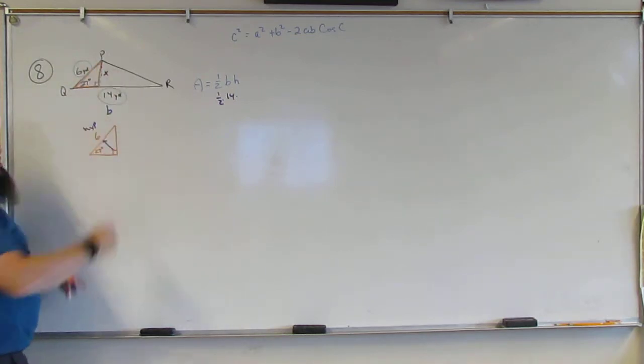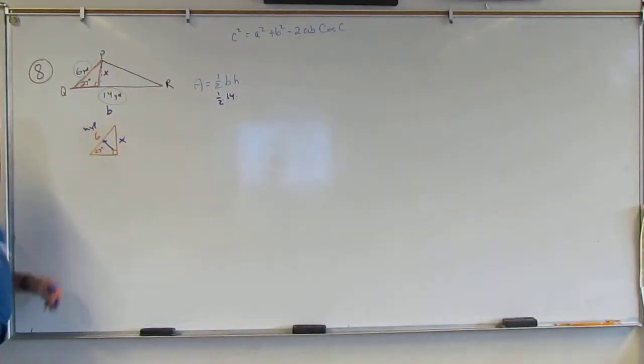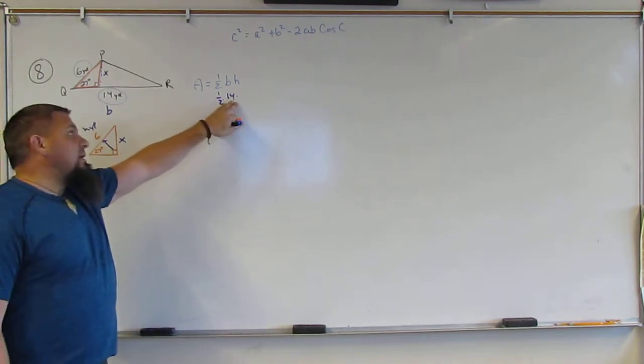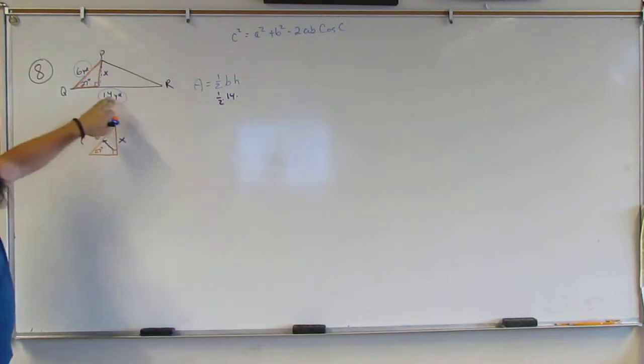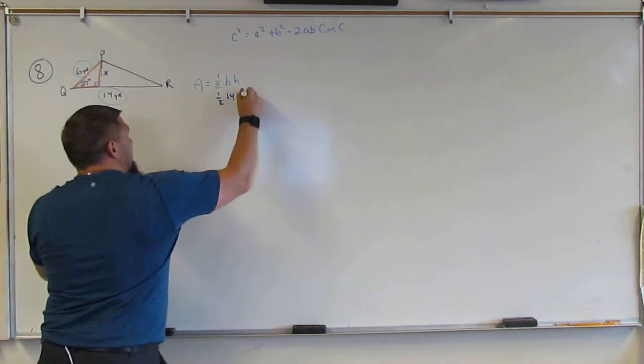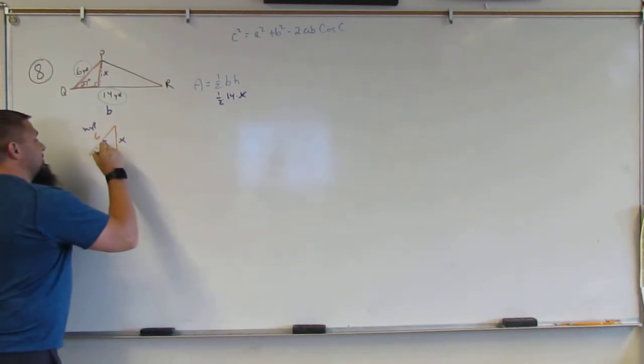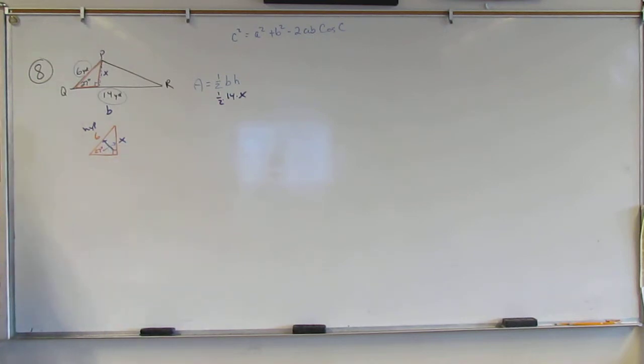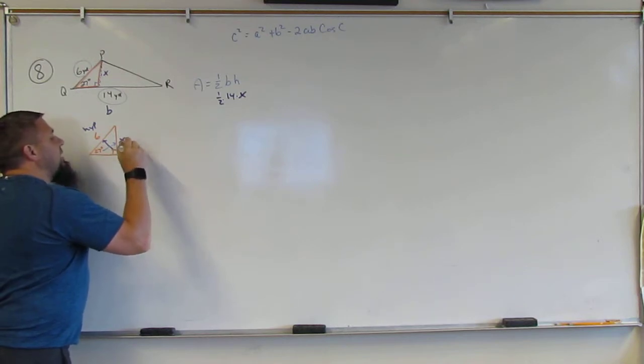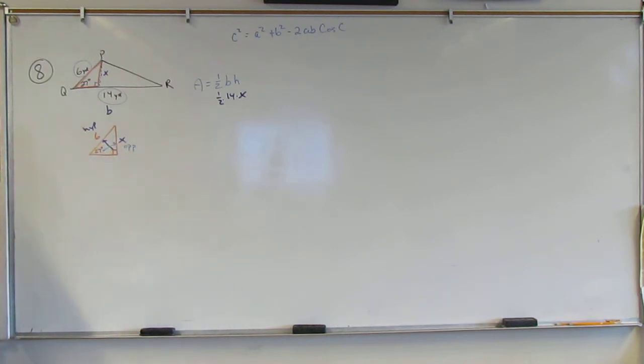So I know the hypotenuse, and I want to know this guy, x. I want to know this height, right? That's the whole key. So the only thing I need here is h, or in this case, x. So we're going to call it x. Let h be x. Okay? So to find this, I have to know with respect to 27 degrees, is that opposite or is it adjacent? It's opposite. Okay? So now I know that that's opposite, that's hypotenuse, right?